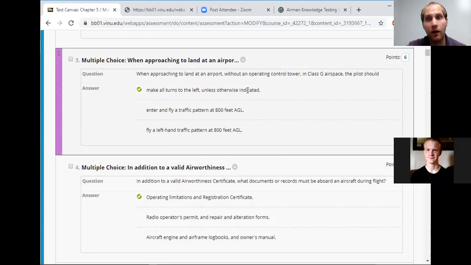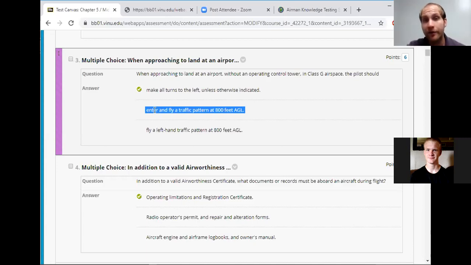I've been grading the tests. I'm not finished grading everybody's since there were some people who really put it off to the last minute last night. But I've probably gotten through a handful of them, and I'm seeing some incorrect responses for answer choice B. So answer choice B is not the most correct because our standard traffic pattern is 1,000 AGL, not 800 AGL.